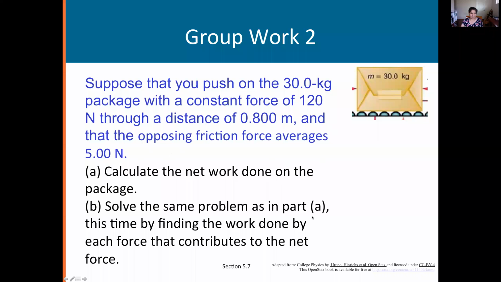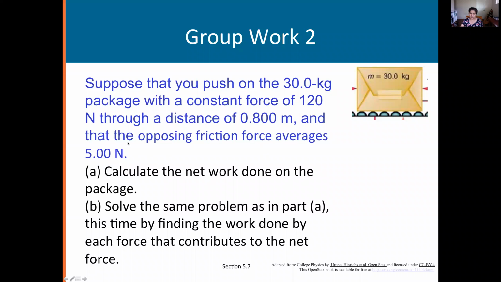Solve the same problem as in part A, this time by finding the work done by each force that contributes to the net force. So you want to find out the work done by 120 newtons, displacement of 0.8, so that's 120 times 0.8. The frictional force, how much is work done to overcome that non-conservative force?